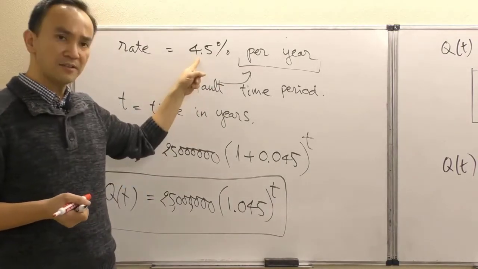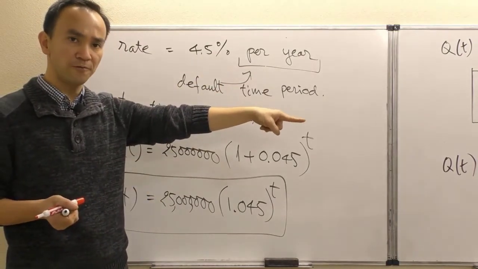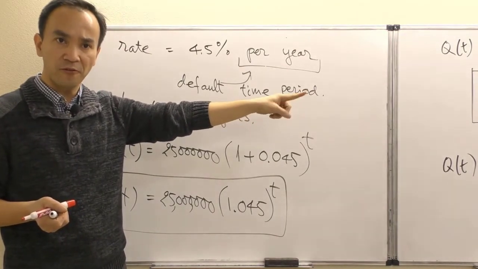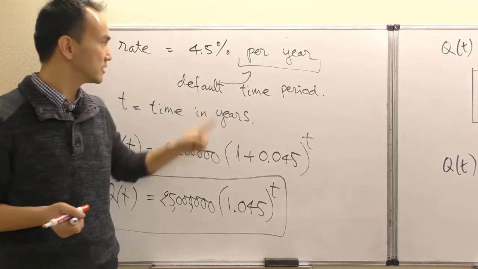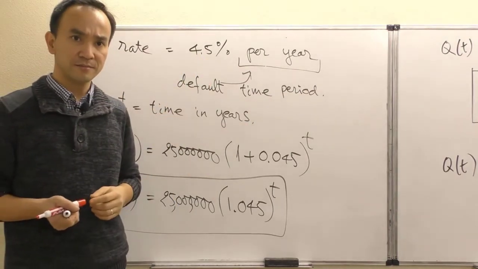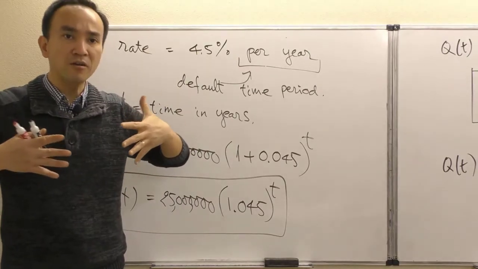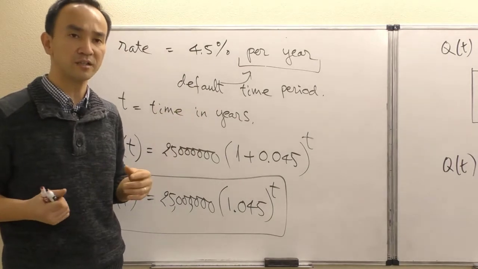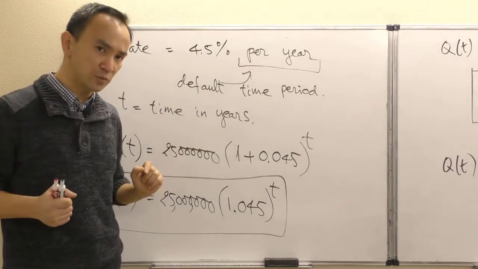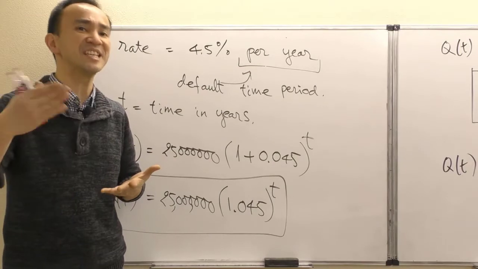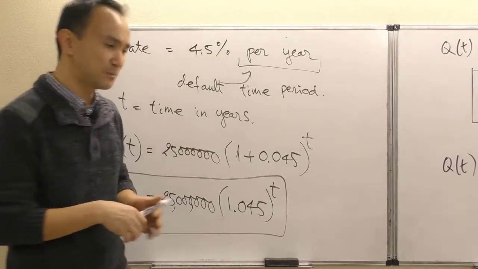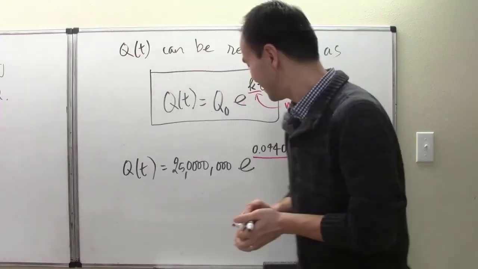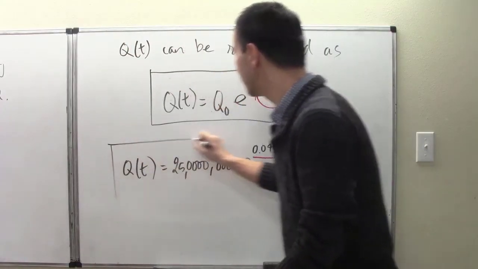So 4.5 is surely higher than 0.04402, because 0.04402 is only about 4.402%. This is 4.5%. When we're talking about growing by millions a year, then it makes quite a difference between the two rates. But then the other nominal rate was when it's growing continuously with base e. And so ultimately, this is just another expression.